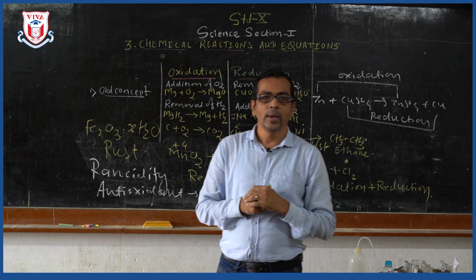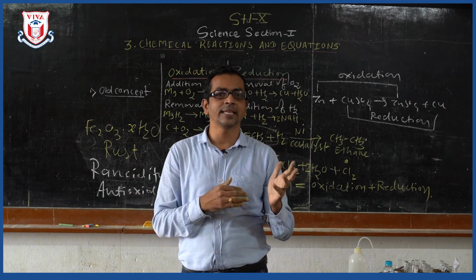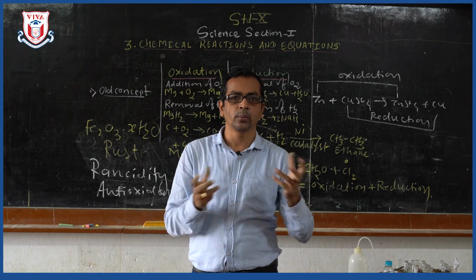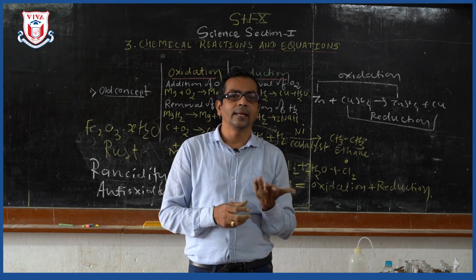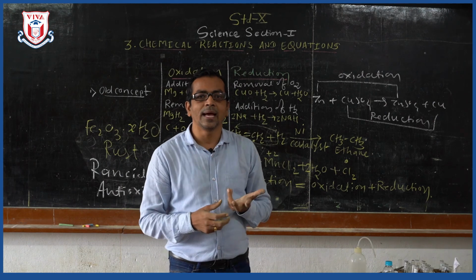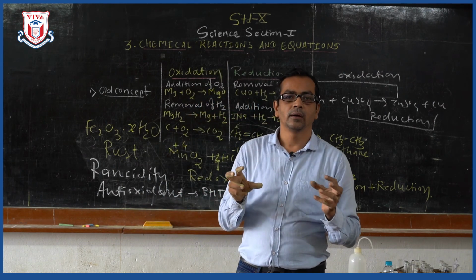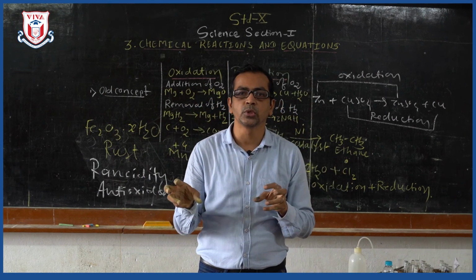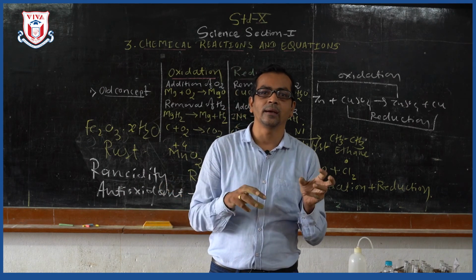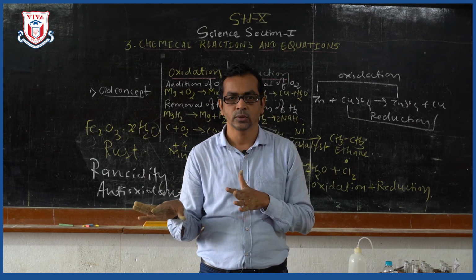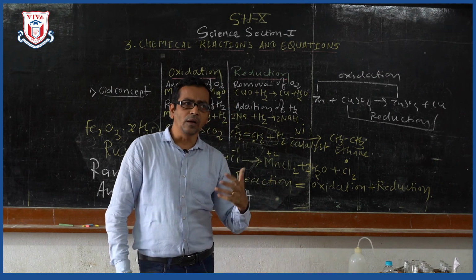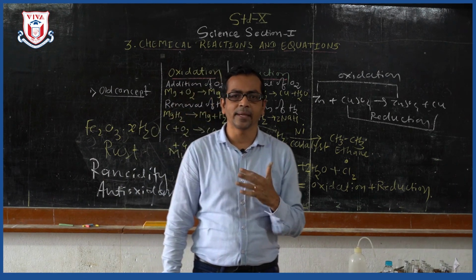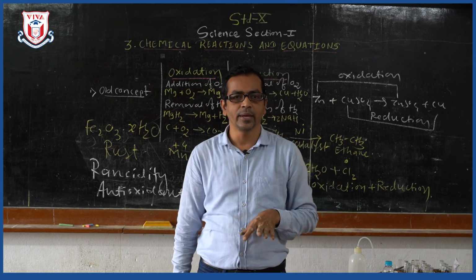Then we saw physical and chemical changes, and what a chemical reaction is. Then the rules or conventions used to write chemical reactions, and how to balance a chemical reaction.